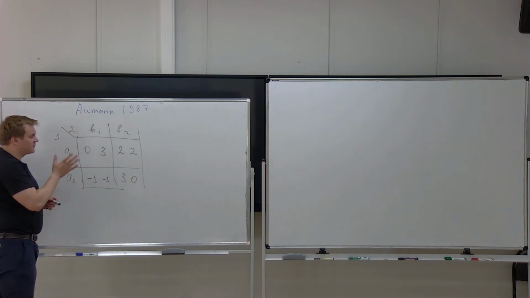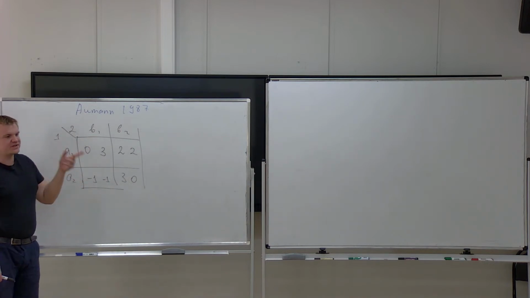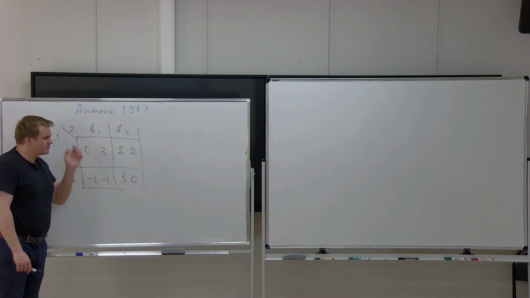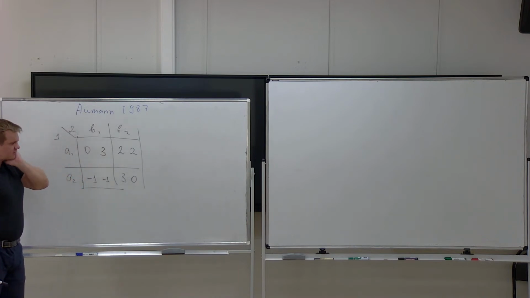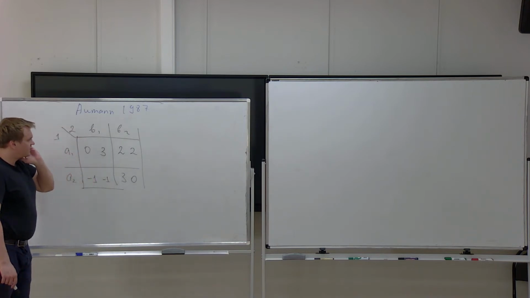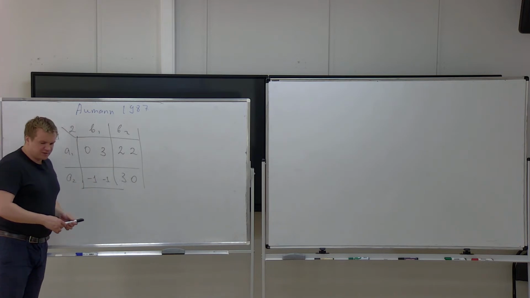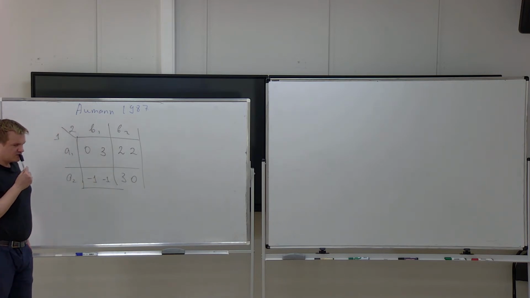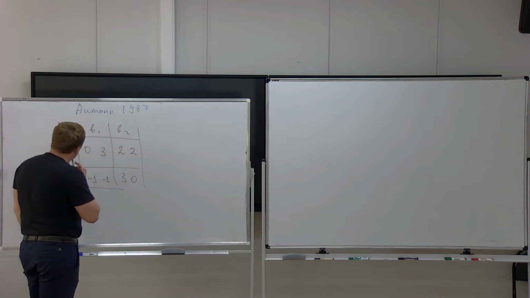Okay, so let's find all the Nash equilibria in this game. Can you tell me what the pure strategy equilibria are? B2 dominates B1? Is it?